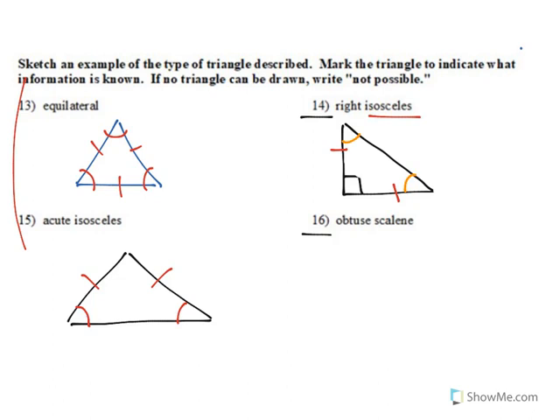Number 16, obtuse scalene. I have an obtuse angle, so I'm going to make it kind of wide here. And then maybe I'll do something like this, kind of make it look off because there's nothing congruent in this triangle. So we notice here in this obtuse scalene there is no congruence.